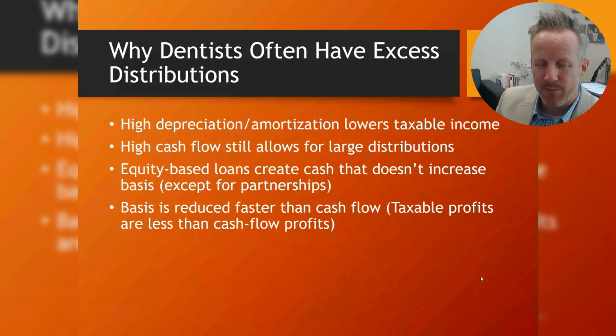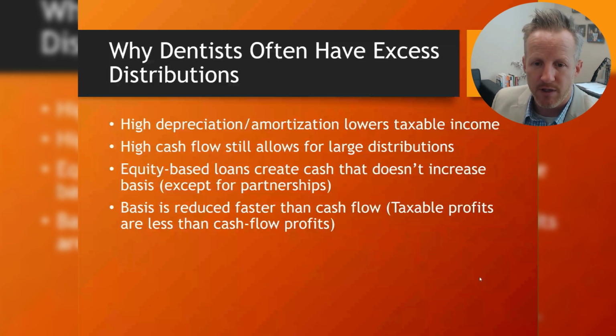And whenever your CPA accelerates that depreciation, or even if they don't, if the loan term is longer than the depreciation schedule, you end up reducing your tax basis faster than the cash flow to pay for those things.